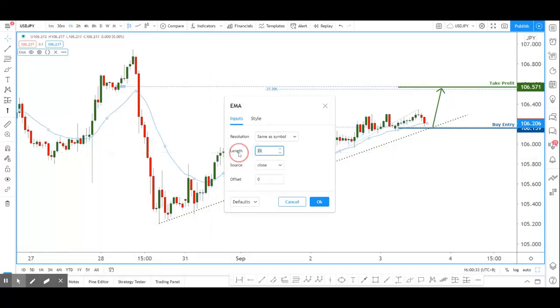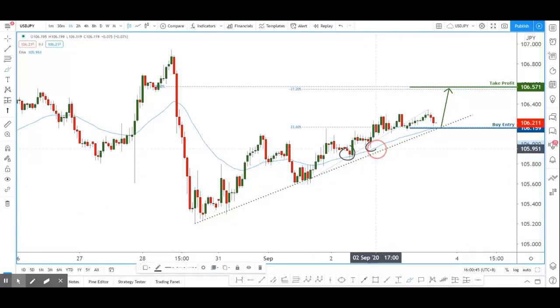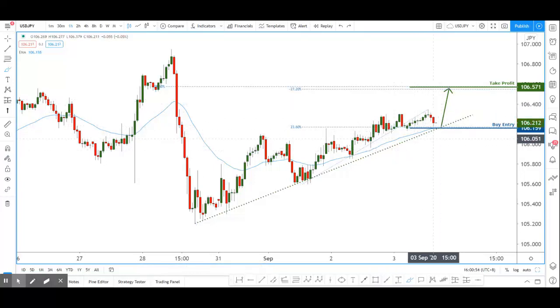Okay, so I will back this up to 34, and we see that the 34 moving average works very nicely when price is in an uptrend. When price is holding above the 34 moving average, the market actually fails to break it, but instead the market tests it multiple times and then it takes off. So we can expect price to take off from this buy entry as well.